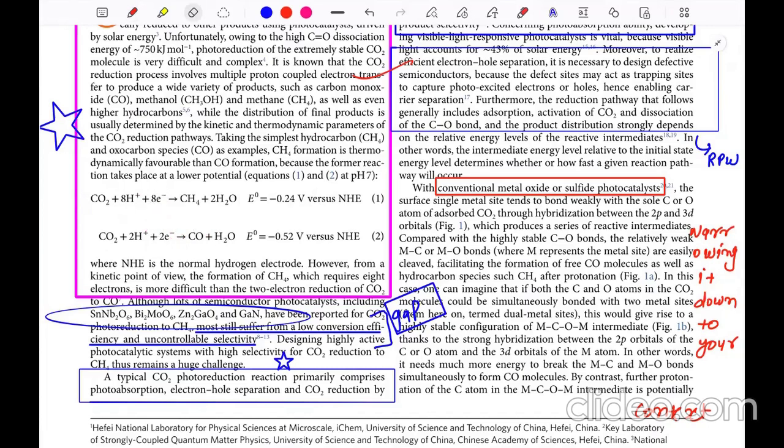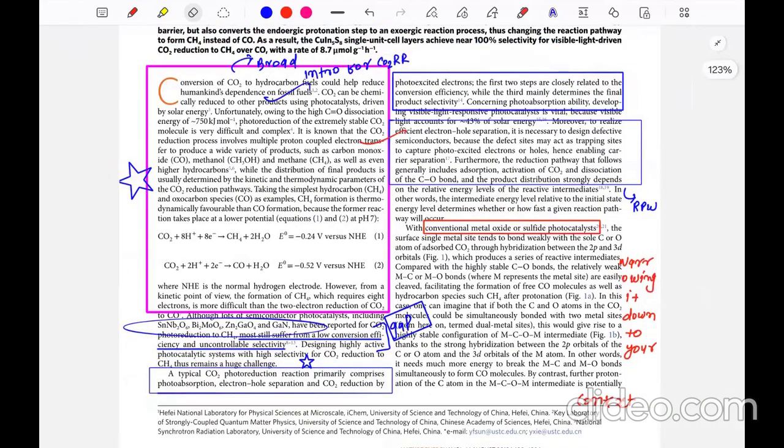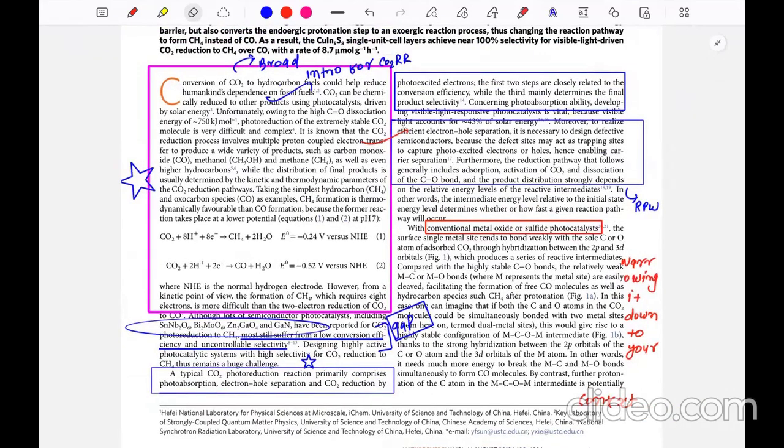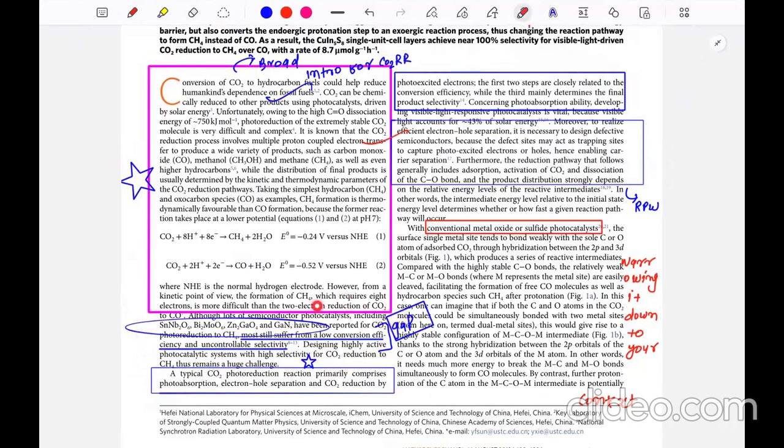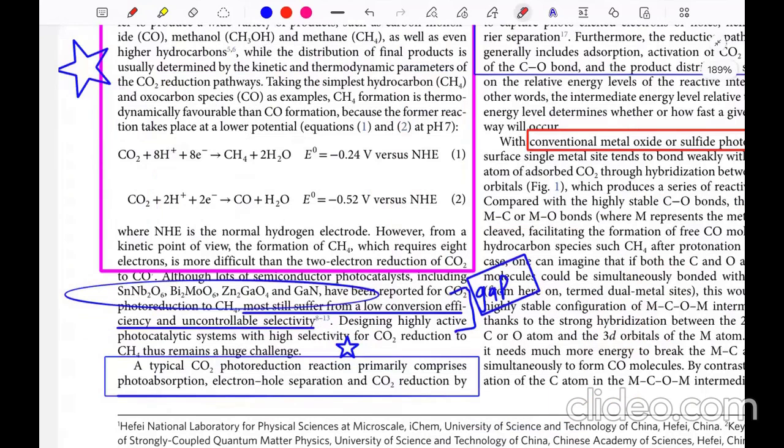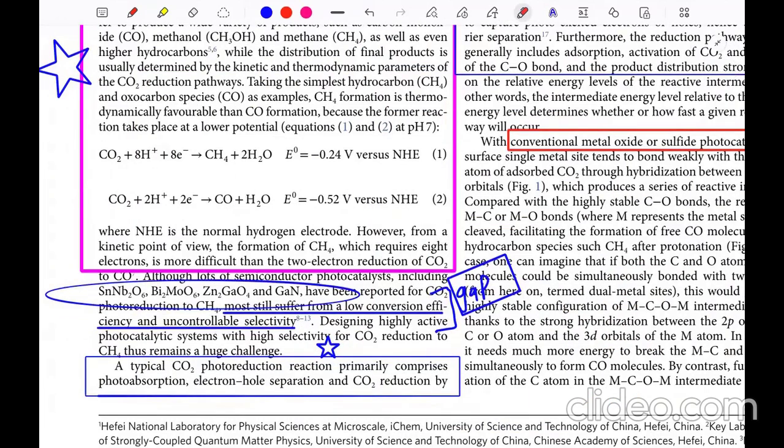So this, we can understand, is a broad introduction for the CO2 reduction reaction. And slowly, in this segment, they are talking about the research gap. The research community has tried various types of semiconductor catalysts like various metal oxides.